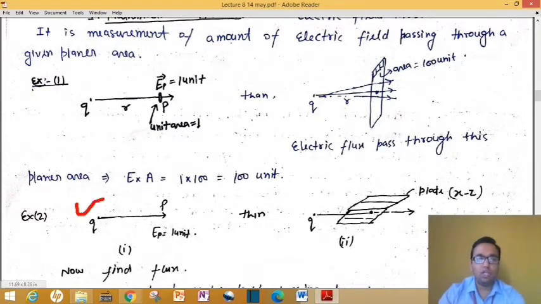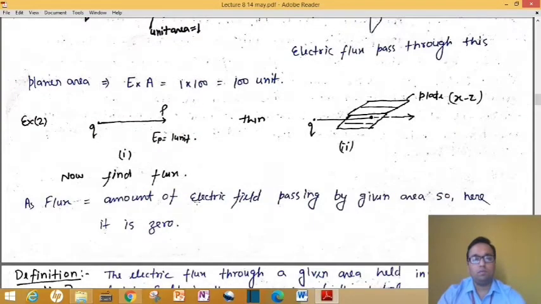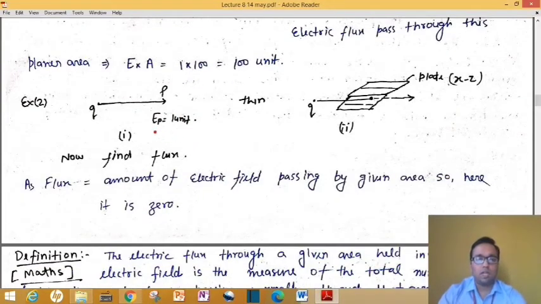Here you have your charge Q, here is your point P, and the electric field at this point P is already given in the question, that is 1 unit. We calculate this electric field by kq upon r square, and that answer will come out 1. Now this shaded region is a plate in the xz plane.